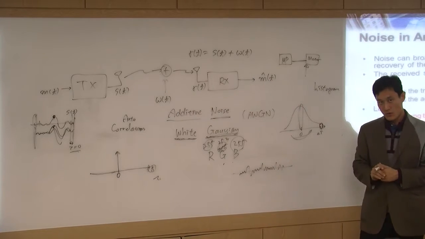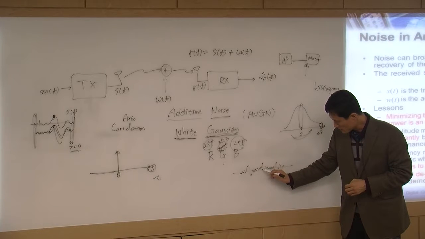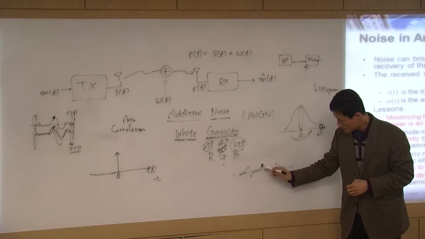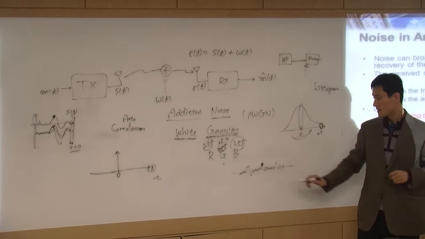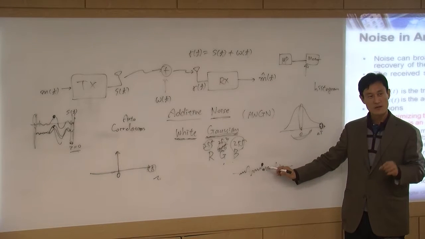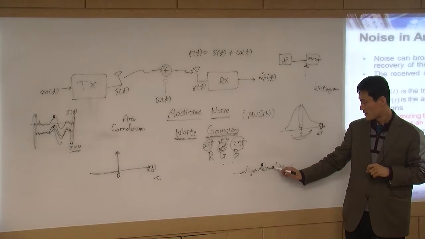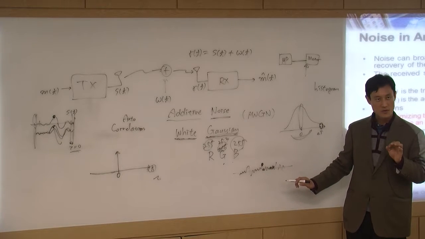So this is our noise, something like this. This sample is one noise sample. And the next sample, what's the correlation? 0. Okay? This sample and the previous sample, what's the correlation? 0.